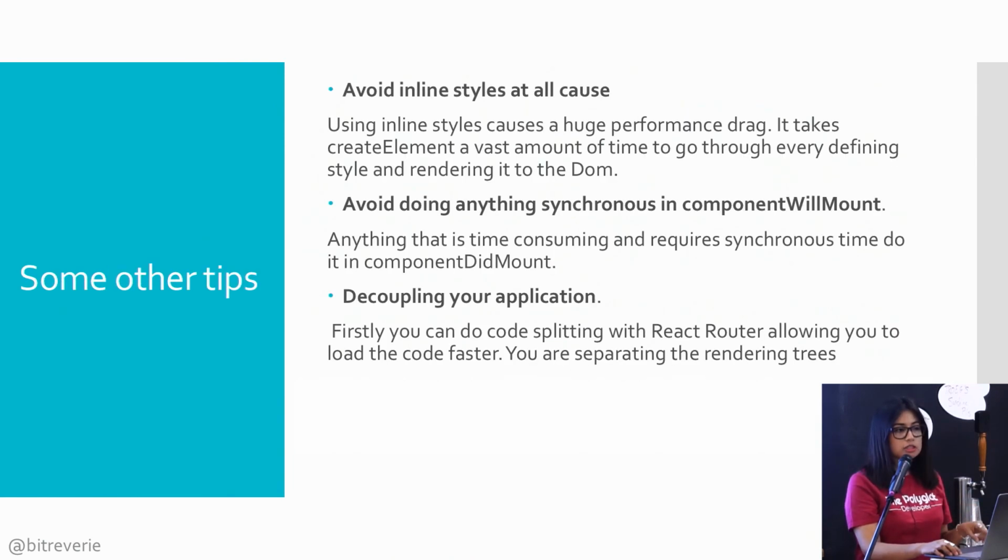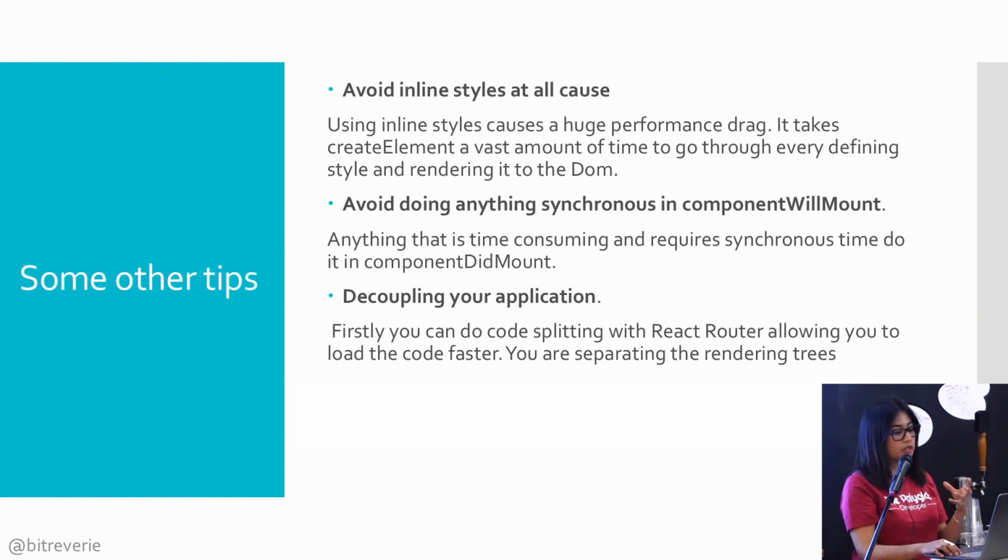So apart from those tips that I said about avoiding inline styles, using keys, PureComponent, avoid using synchronous updates in componentWillMount. Imagine this list of cryptocurrencies has been loaded from the back end.